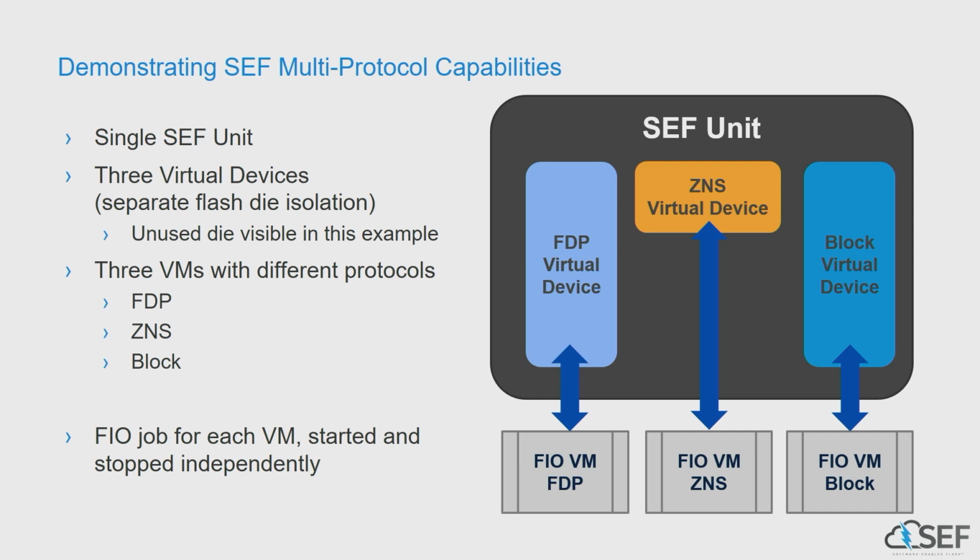We'll set up 3 different virtual devices, each with a QoS domain on that virtual device. We'll run one of those domains in FDP mode using a particular workload, using FIO. We'll run another zone in ZNS and another one just using a standard block mode interface. Spin them all up, show them all running separately, and showing them completely isolated.